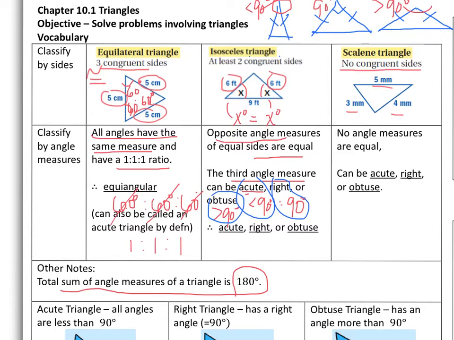Okay, and the same holds true for a scalene triangle. This angle here can be acute, a right angle equal to 90 degrees, or an obtuse angle greater than 90 degrees.